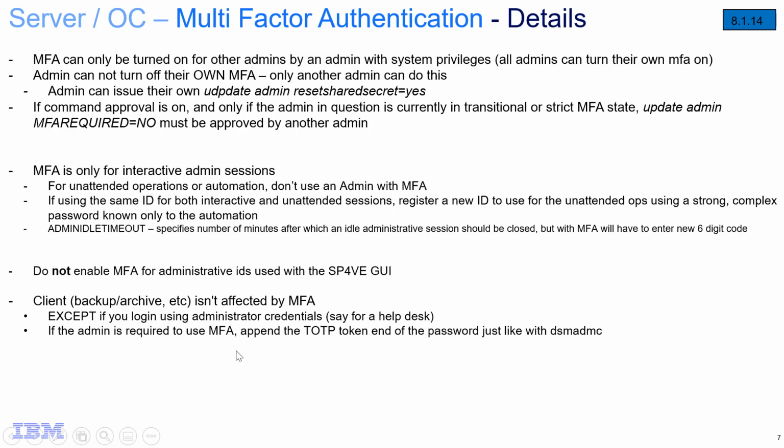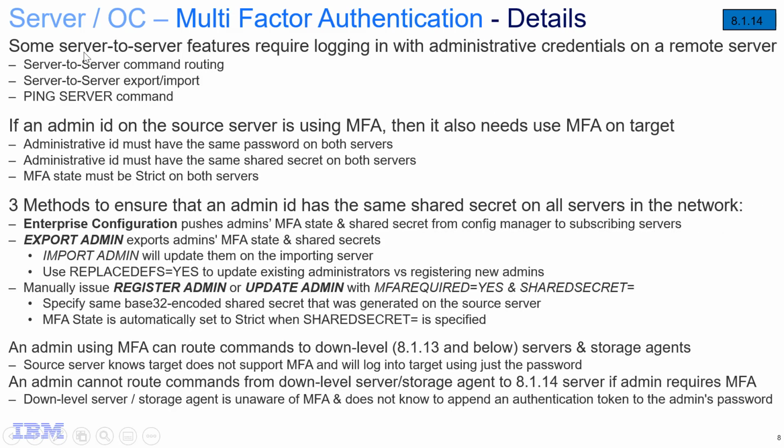If you have server-to-server features that require logging in with administrative credentials on a remote server, for instance, server-to-server command routing, server-to-server export imports, or if you're pinging a different server, then if the administrator ID on the source server is using MFA, MFA is also required on the target server for that admin.